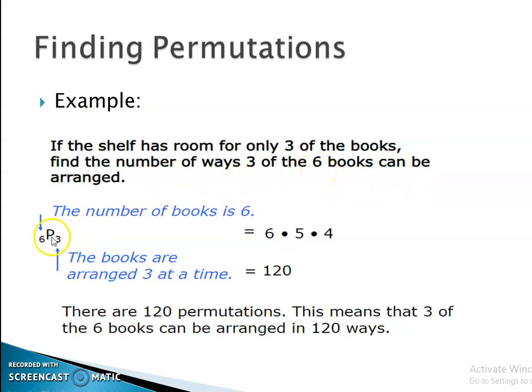We use 6P3, which is equal to 6 factorial over 6 minus 3 factorial. Simplifying this expression, we are left with 6 times 5 times 4, which is equal to 120. The books arranged 3 at a time can be arranged in 120 possible ways. So there are 120 permutations, and this means that 3 of the 6 books can be arranged in 120 ways. Here we take 3 books out of 6 books.